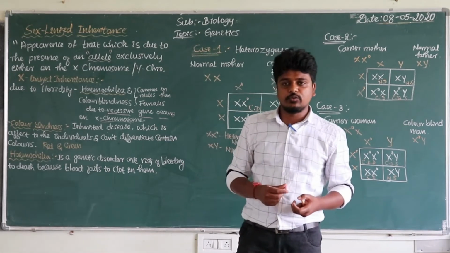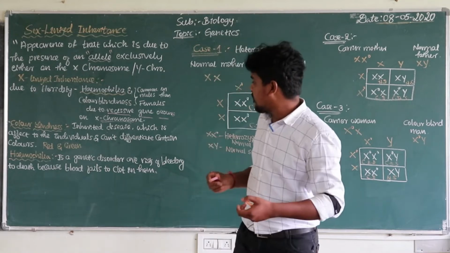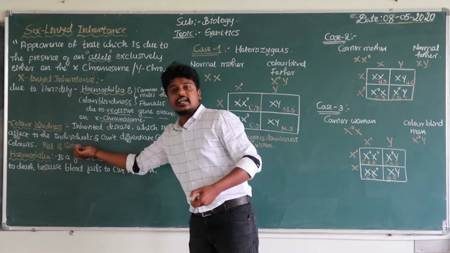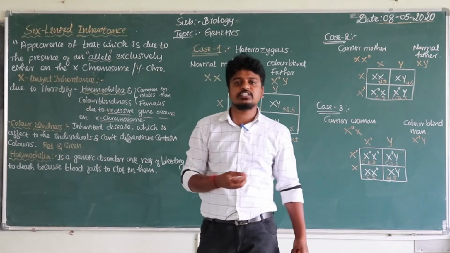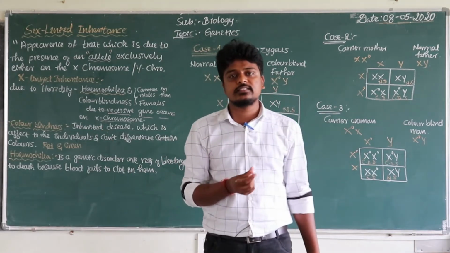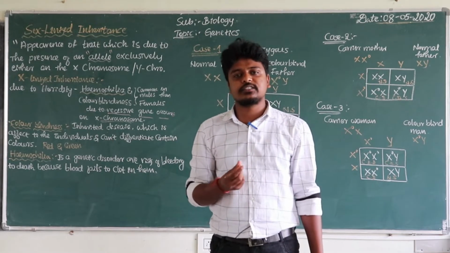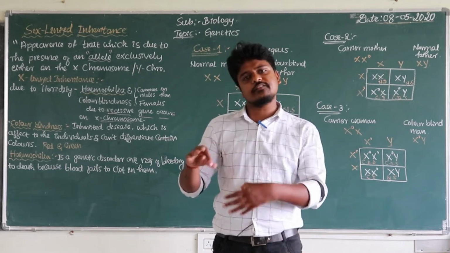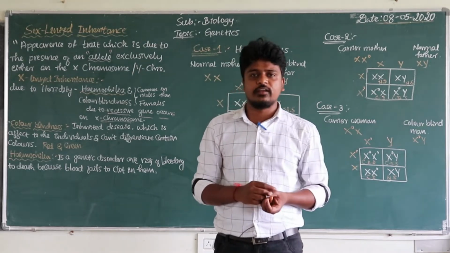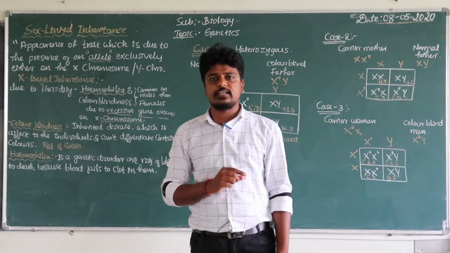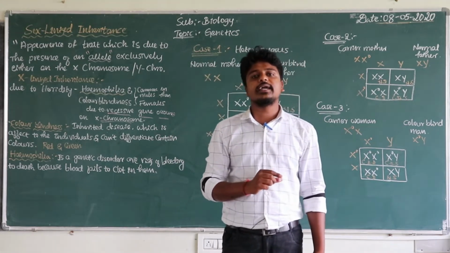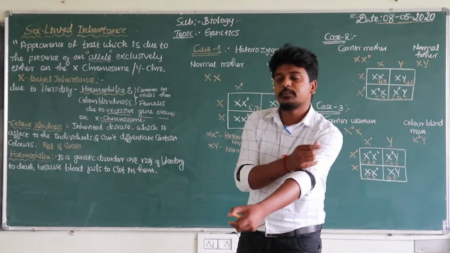Which are those two colors, majorly? Red and green are the two major colors. It is very difficult for those suffering from color blindness to differentiate them. The rest of the colors can be easily identified, but red and green are very difficult to identify.